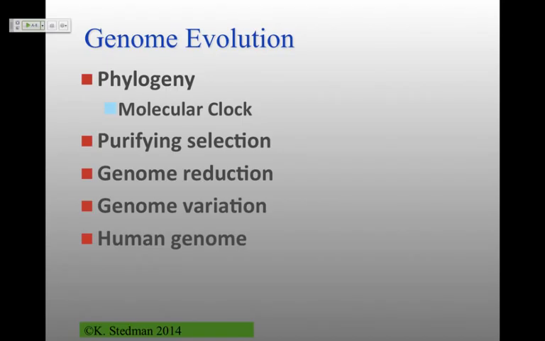If we're talking about molecular phylogenies, this depends on a molecular clock to actually put a date on when an evolutionary tree event happened. And if you look at some of these sequences, there's purifying selection, genome reduction, and then some of this variation as well. We're probably not going to get to the human genome until the end.